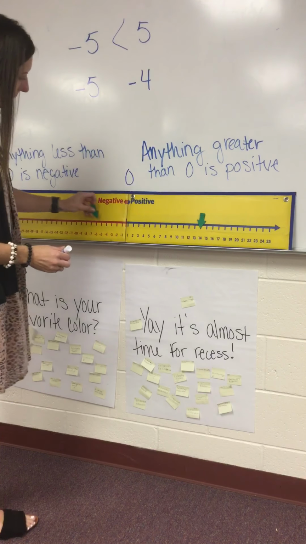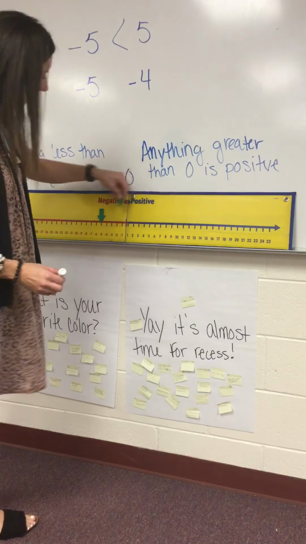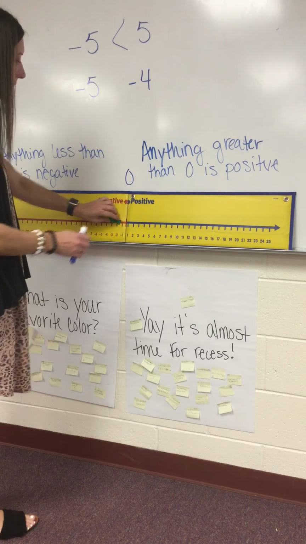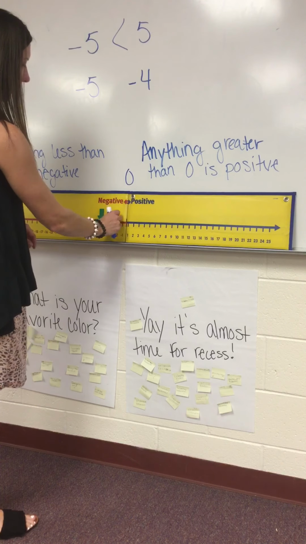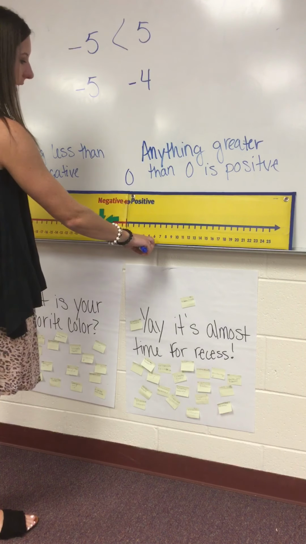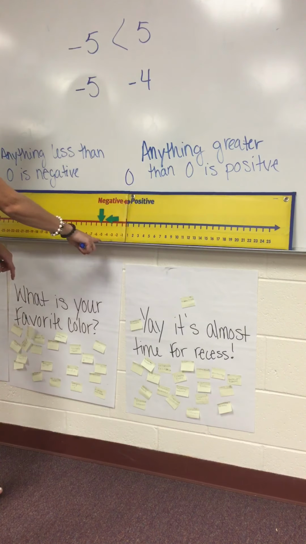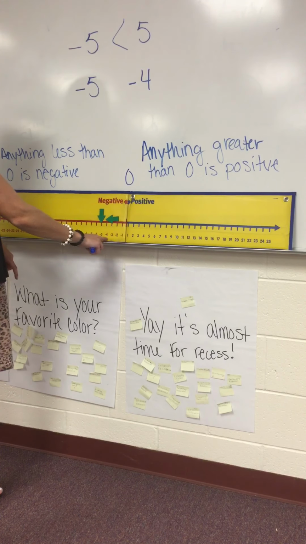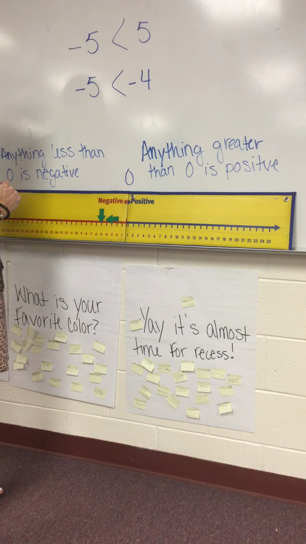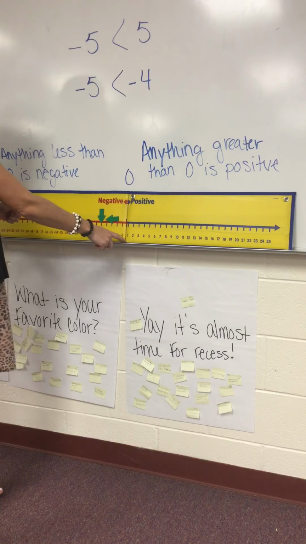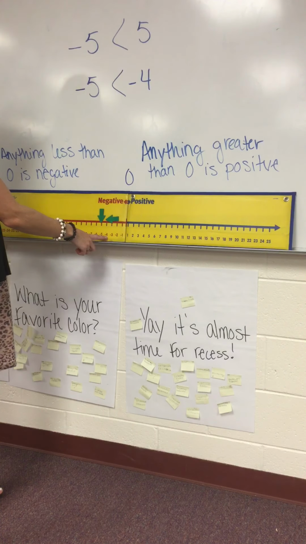But I can look at my number line and see negative 5, negative 4. If these were positive, 4 and 5, well, 5 is bigger, but look over here. Which one's closer to 0? Negative 4 is closer to 0. So that means negative 4 is going to be greater because it's going to take me less to get to 0 if I'm at negative 4.